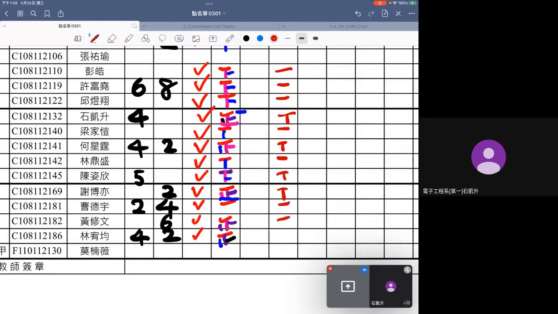And Huang Xiuwen, for number 4, I want to separate like number 3 for the real and the imaginary part. Good. 林点胜.